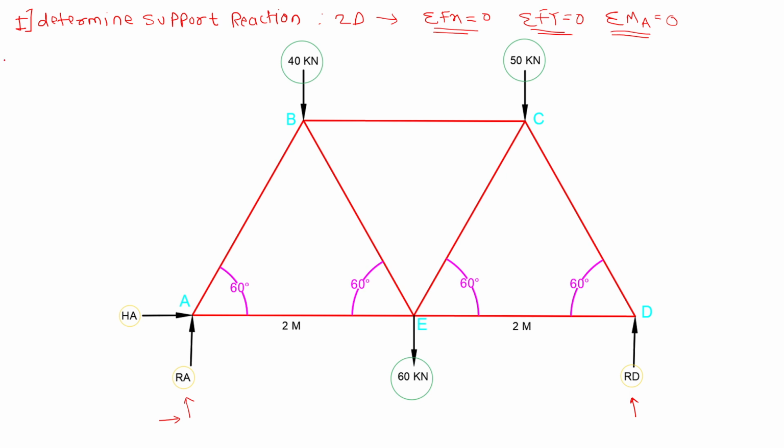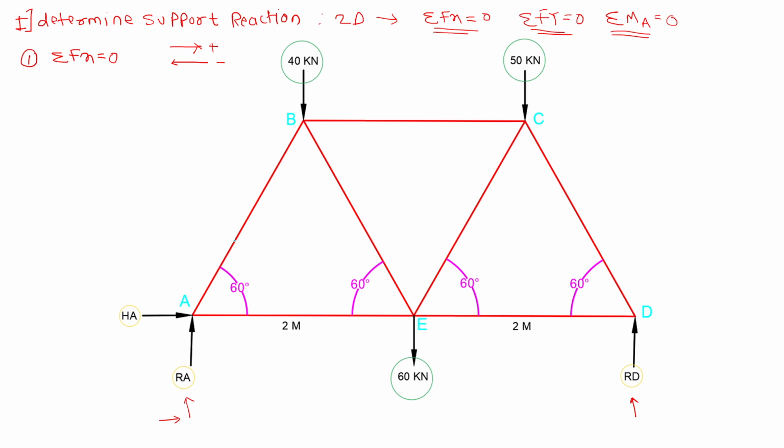So let's start with summation Fx is equal to 0. What does it mean? It means if there are any loads or reactions which are towards the right, consider them positive. If they are towards the left, consider them negative. Their summation will be equal to 0.